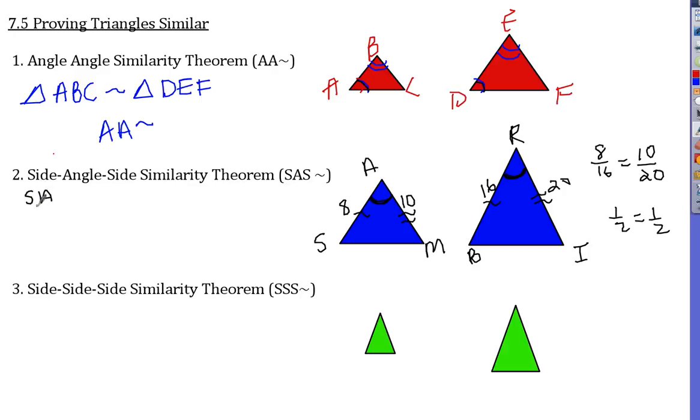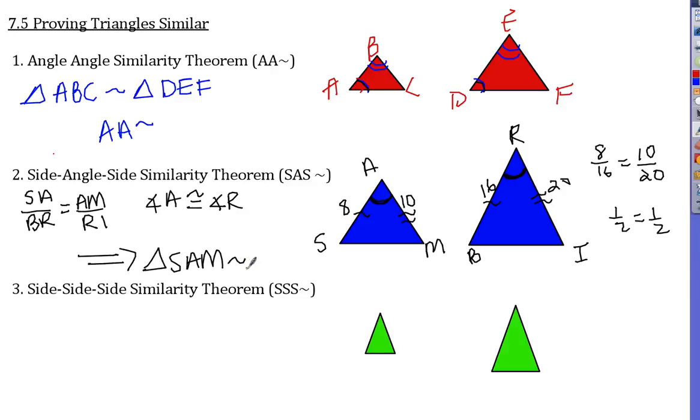So SA is to BR as AM is to RI, and angle A is congruent to angle R. So therefore the triangles are, sorry, not congruent, they're similar. SAM is similar to BRI by the side angle side similarity theorem, excuse me.